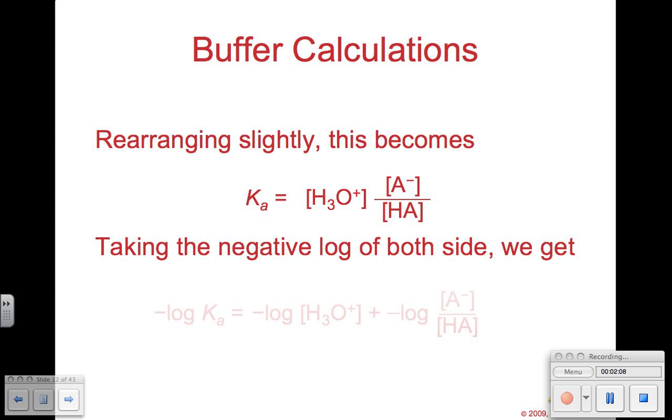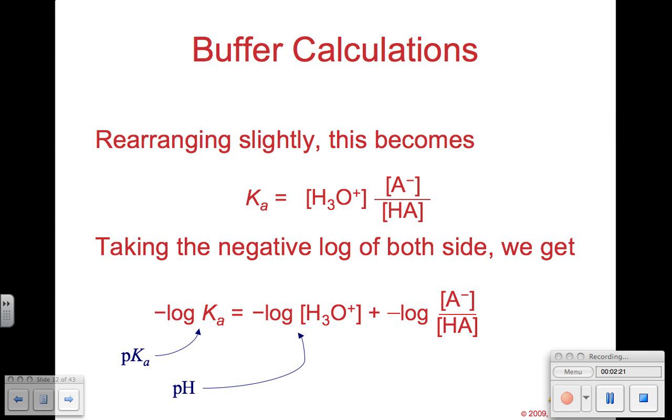Taking the negative log of both sides, we get the negative log of Ka equal to the negative log of H3O plus, plus the negative log of A minus over HA. And you've got pKa there, you've got pH there, and then you've got a relationship relating the conjugate base and the acid.